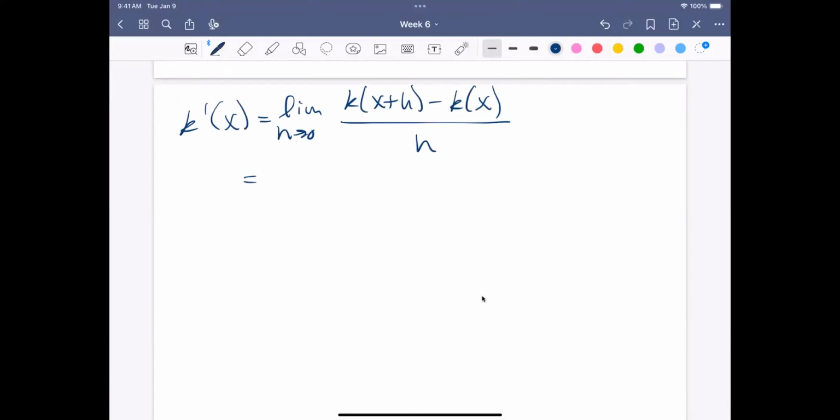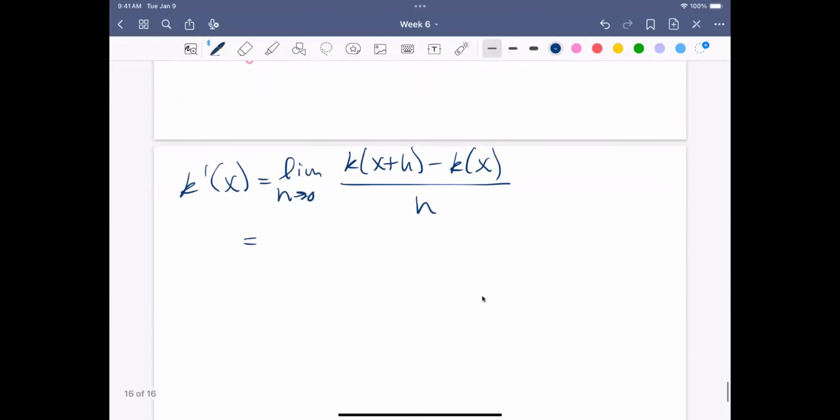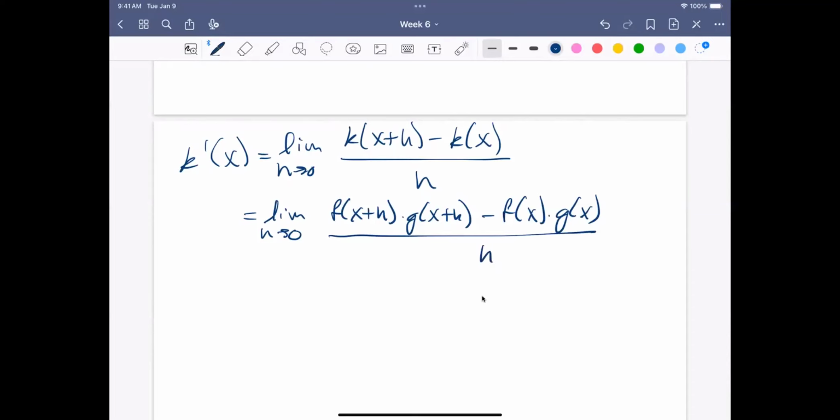And since k is a product, f times g, this is the limit as h approaches 0 of f of x plus h times g of x plus h minus f of x times g of x, all over h.